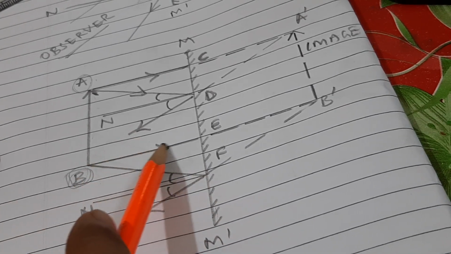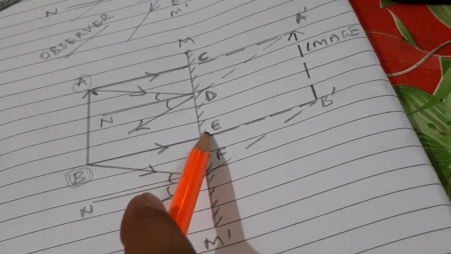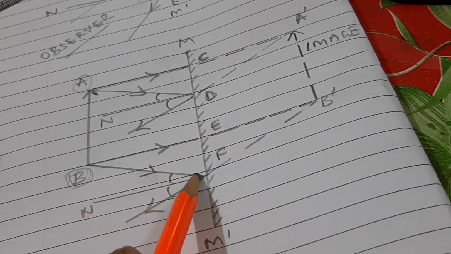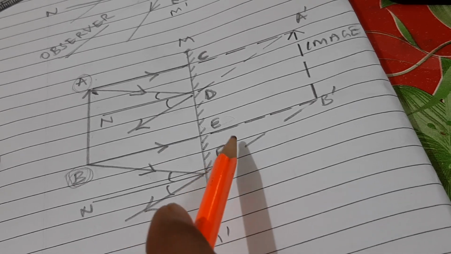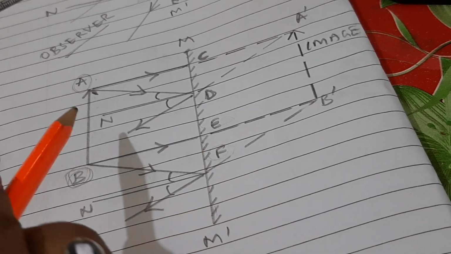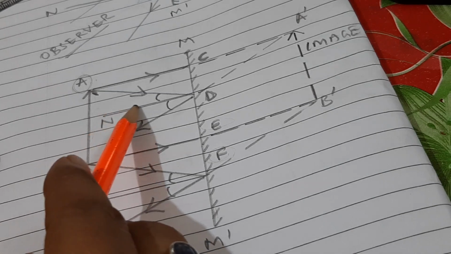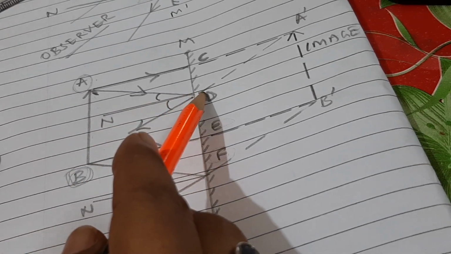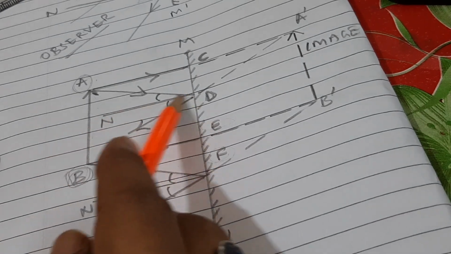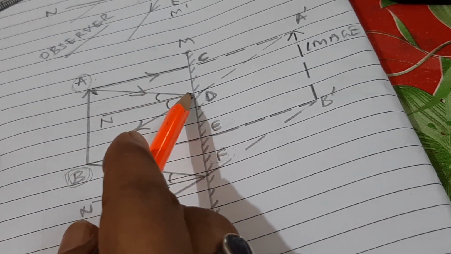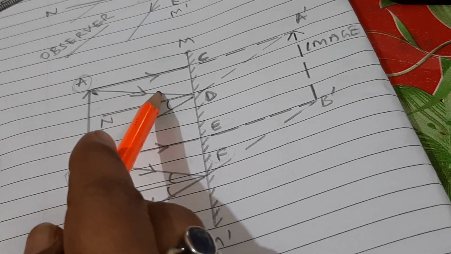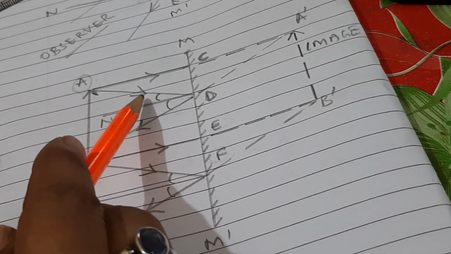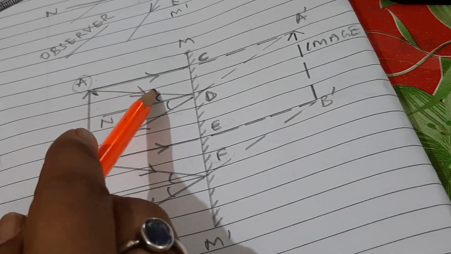So this incident ray is falling on the reflecting surface at point of incidence E, and this incident ray is falling at point of incidence F. We have also shown the perpendicular to the point of incidence, which is also called the normal. So the normal is making an angle of incidence i with the incident ray.